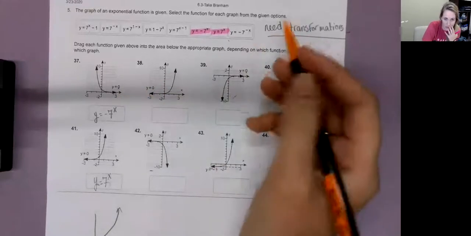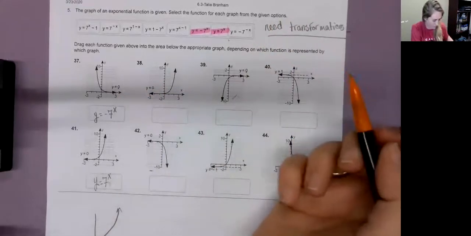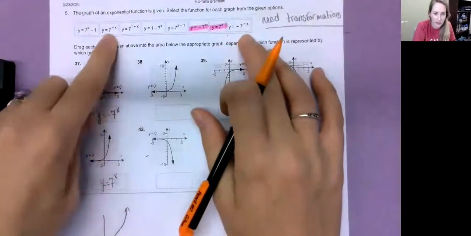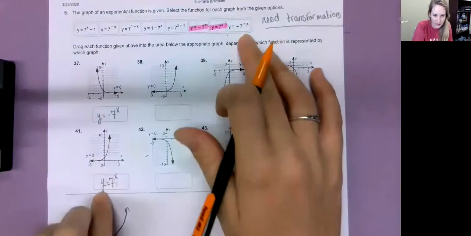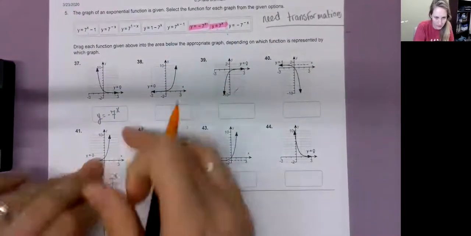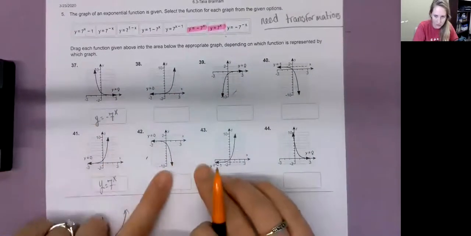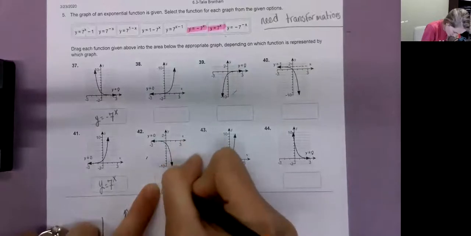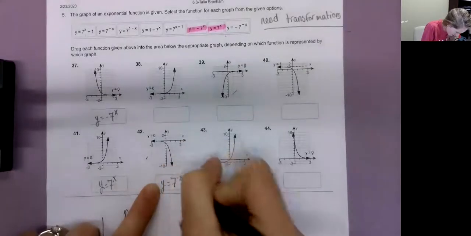So I guess I should be doing these two at the same time. This is what I'm looking at right now. I have 7^-x. If this is 7^x, then for 7^-x, we're going to flip it. Making sure I'm doing it right. So this one should be y equals 7^-x.